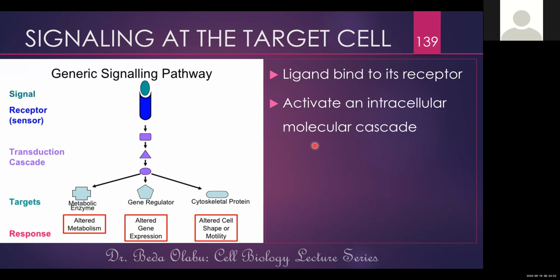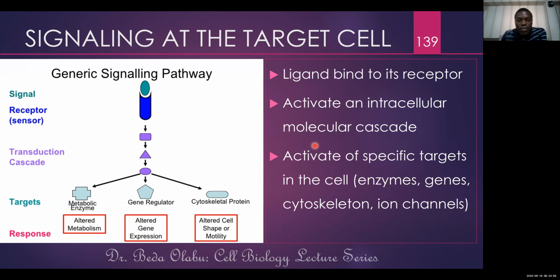Eventually, that molecular cascade will activate things within the cell. Now, what kind of things will be activated within the cell? There are some target factors within the cell that will be activated by this molecular cascade, and it depends on the type of communication that was there.